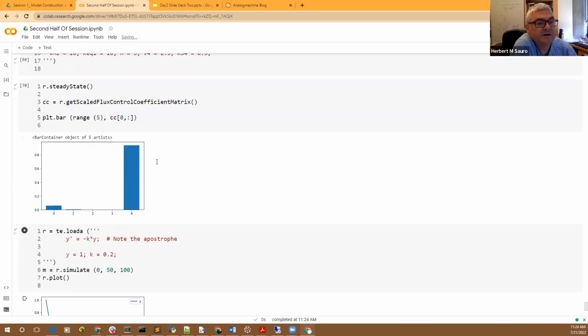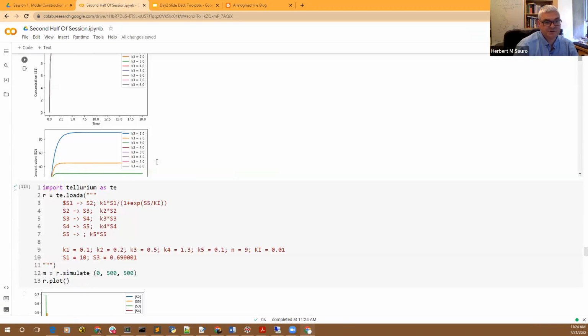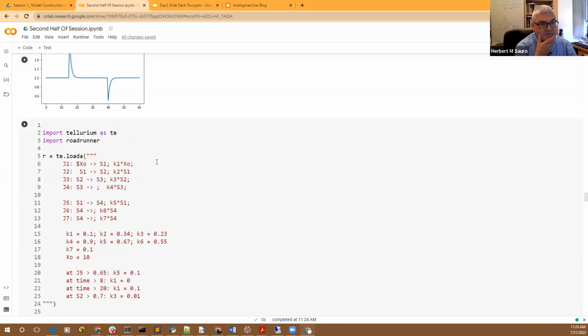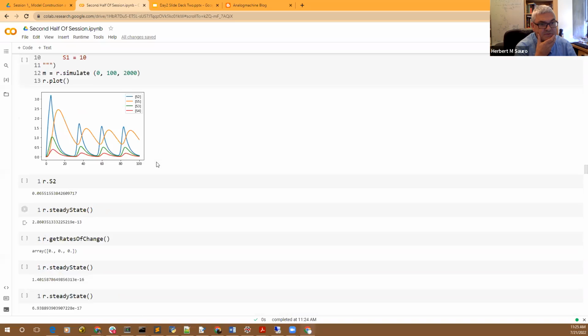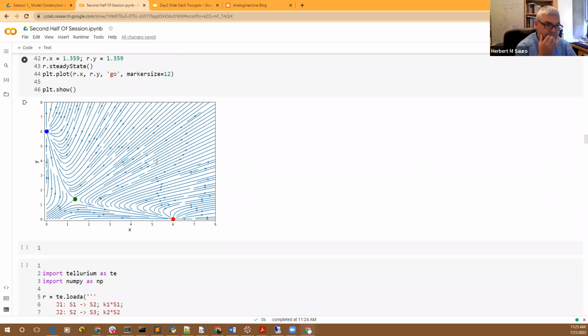One thing I just noticed, which I meant to show you, is another trick you can do. Matplotlib has a way of plotting stream plots. This is showing some level of hysteresis.